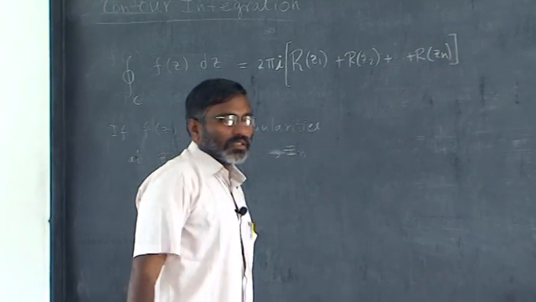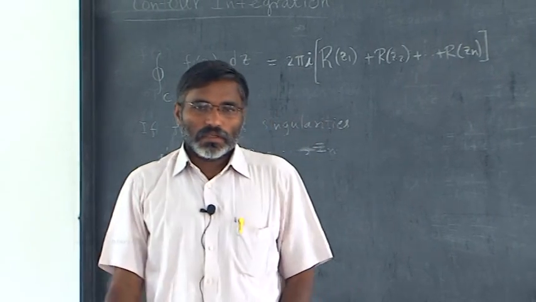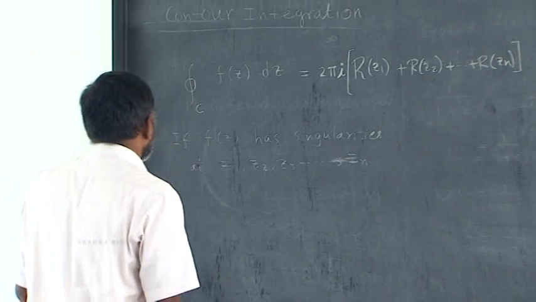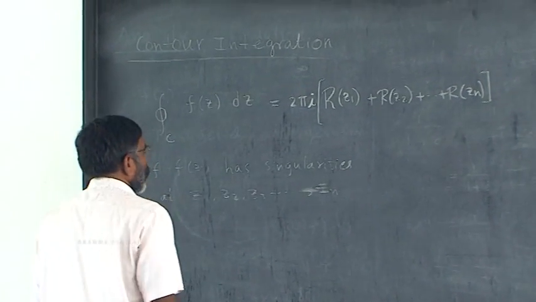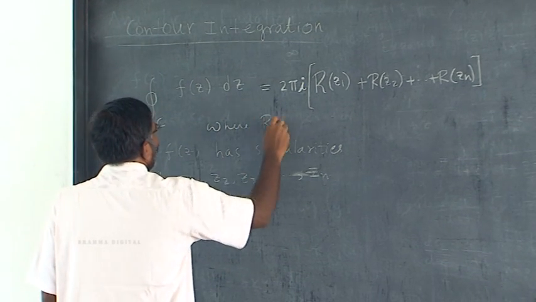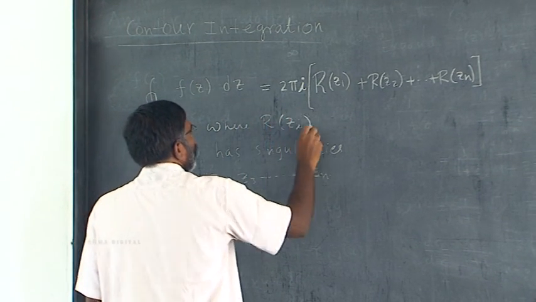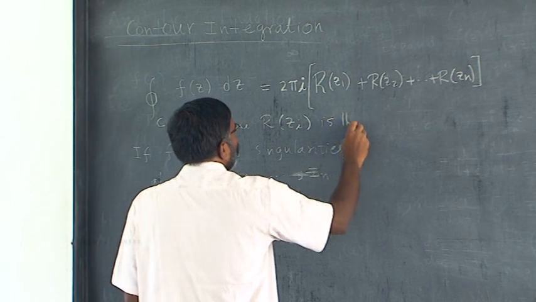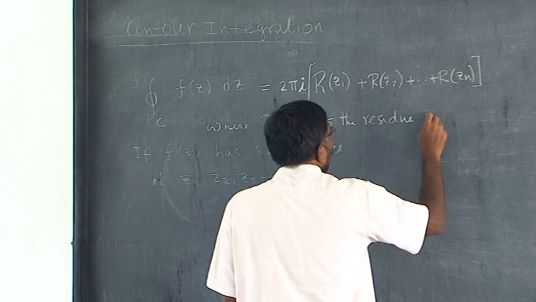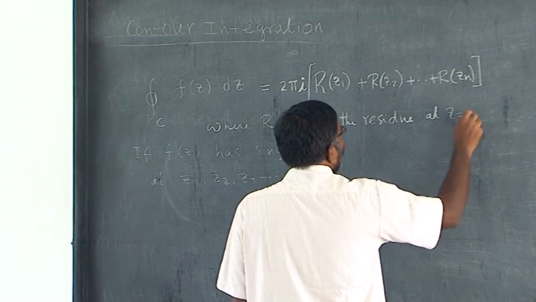So you calculate residues at each one of these poles, and then you write the sum of the residues into 2 pi i, where R of zi is the residue.